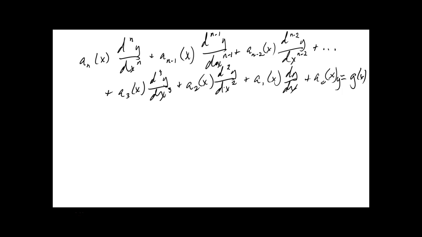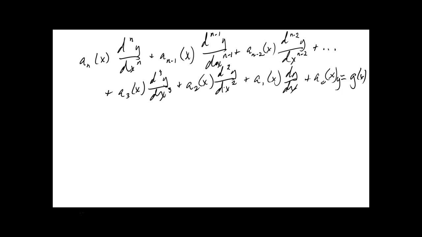Now, if you had one of these and it was an initial value problem, you have to have an initial condition for every one of these things, these derivatives and function, up to but not including the last one, the nth derivative.